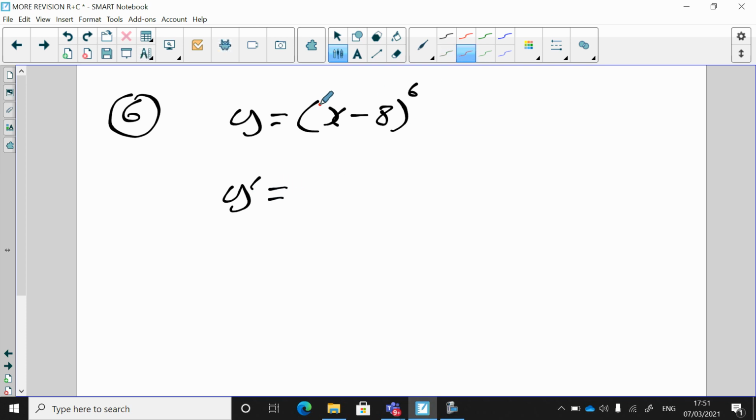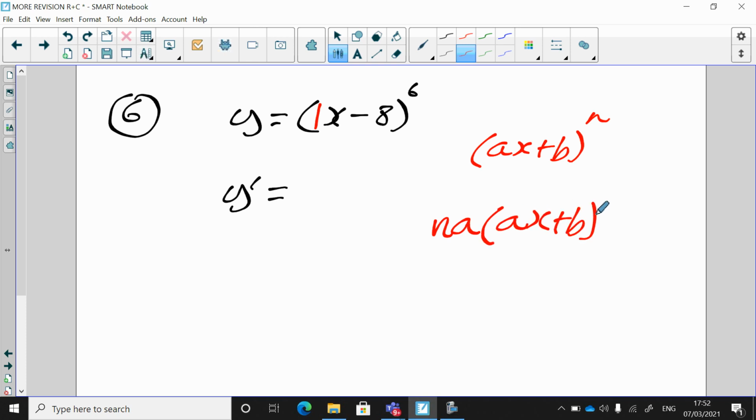So the number in front of x is 1, but look at your formula sheet, because this is of the form ax plus b to the n. And when you differentiate that, you bring the power down in front, multiply by the number in front of x, leave the contents of the bracket on their own, and subtract 1 from the power. But because 1 is the coefficient of x, it's not going to affect the power when you bring it down.